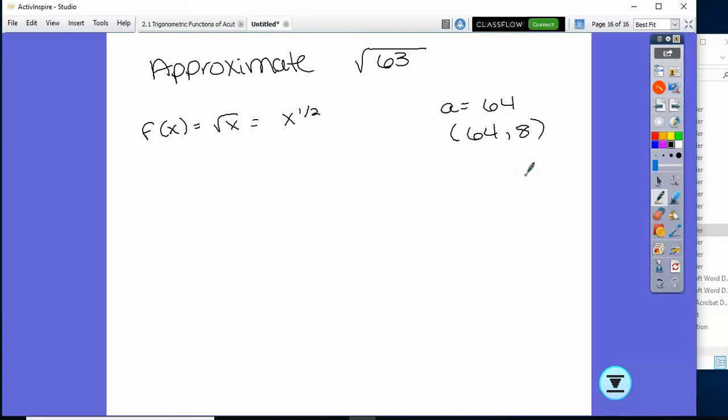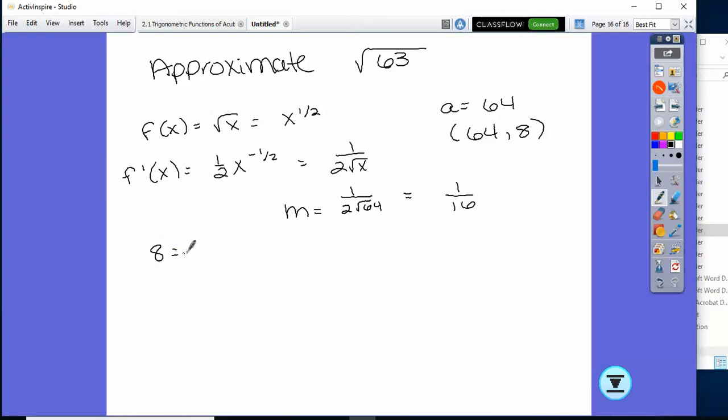We need a point and the slope. So my slope, if I do this derivative, 1/2 comes down, subtract 1 from the power. So it's 1 over 2 square root of x. So to get my slope, I plug in the 64. So I get a 1/16. Y equals mx plus b.